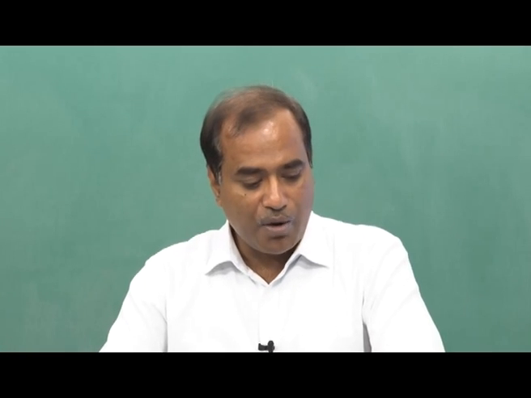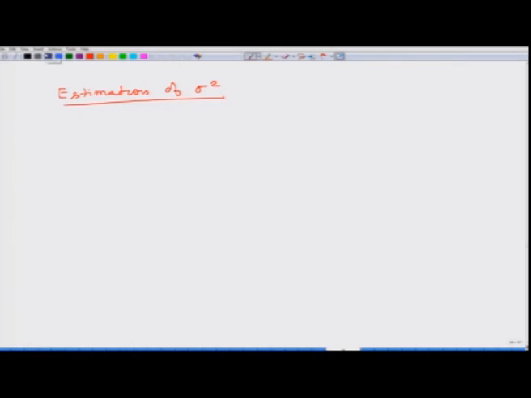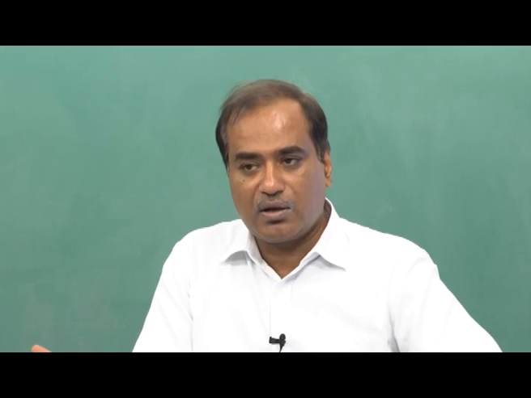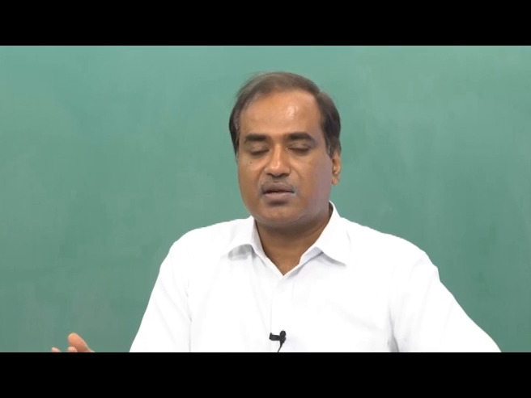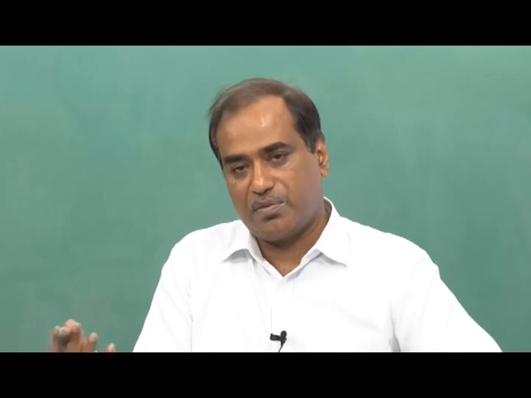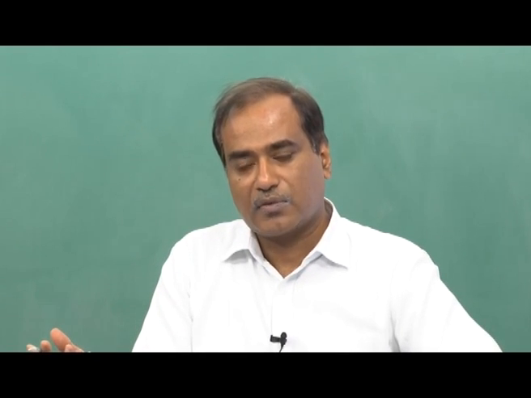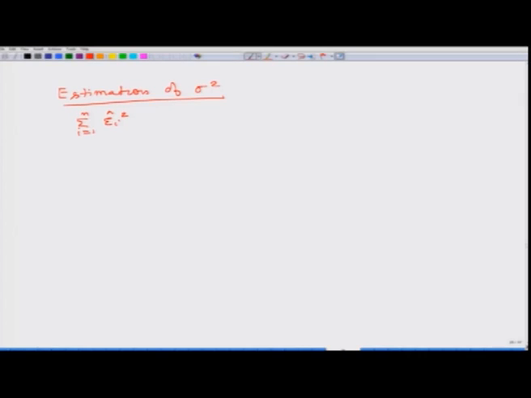So, one option is that I can consider a quantity like summation i goes from 1 to n epsilon i hat square, and then we try to take its expectation. This will come out to be a function of sigma square. Then we adjust it to obtain a good estimator of sigma square. So, before doing that, let me define it.